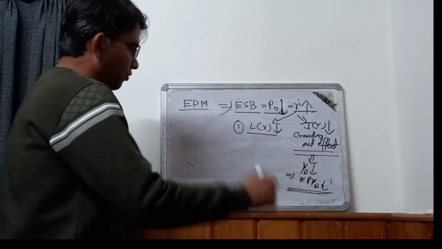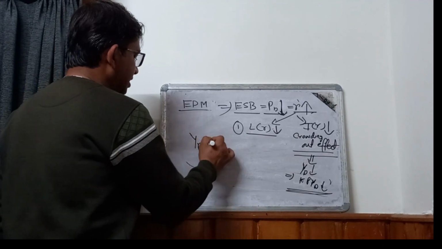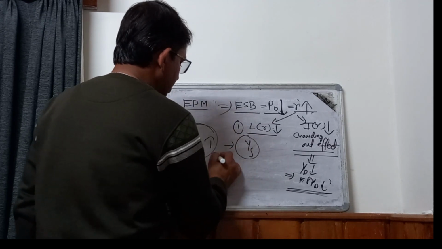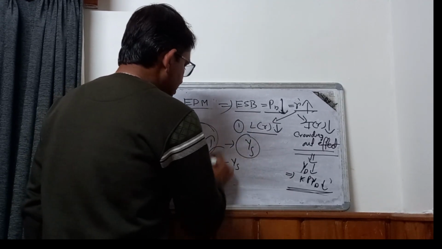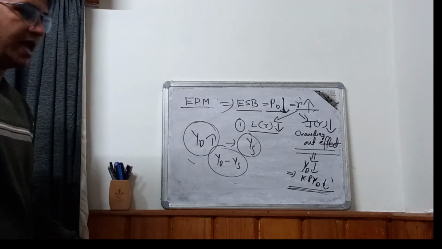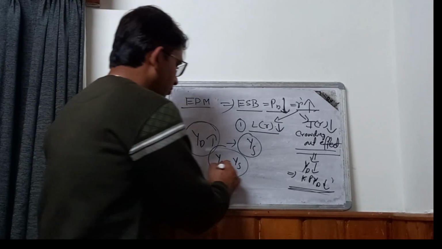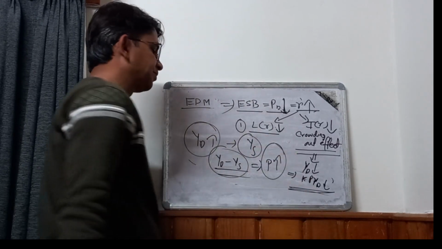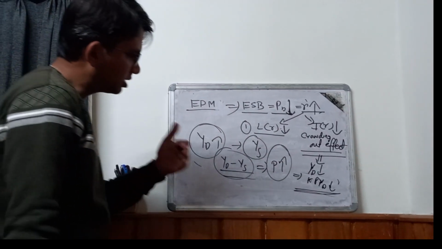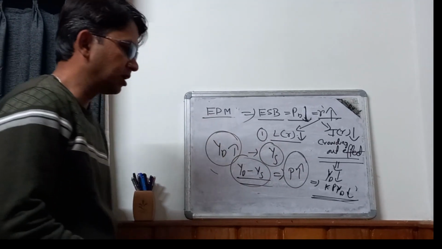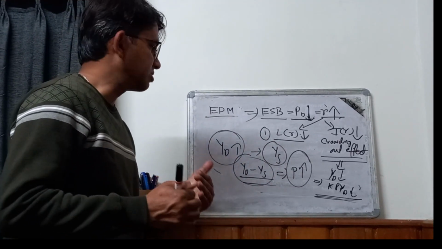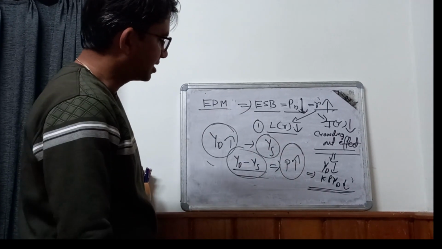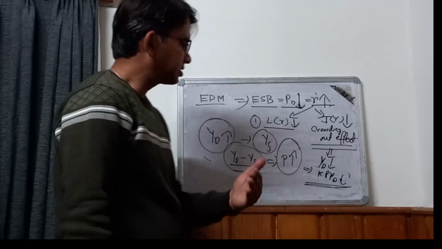Whenever aggregate demand rises, given the aggregate supply, there will be a gap, an excess demand in the economy, which will cause an increase in the price level. So the price level will start to rise whenever we find an excess demand situation in the overall economy.